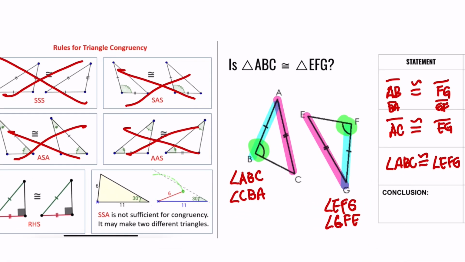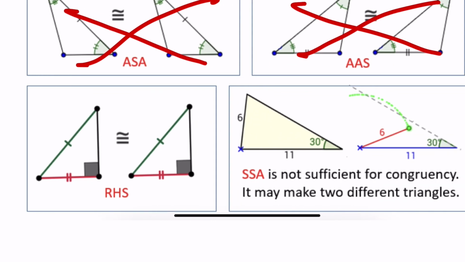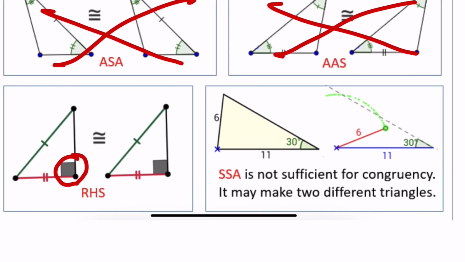Okay? Next, right angle, hypotenuse, side. Now, right angle is this. Okay? Hypotenuse is the side opposite the right angle. Okay? So, right angle, hypotenuse, and side. That means one of the sides needs to be congruent.